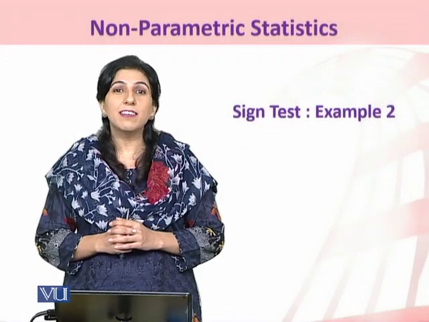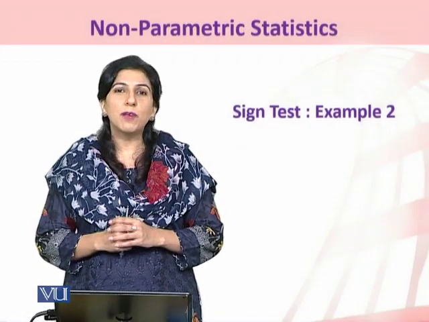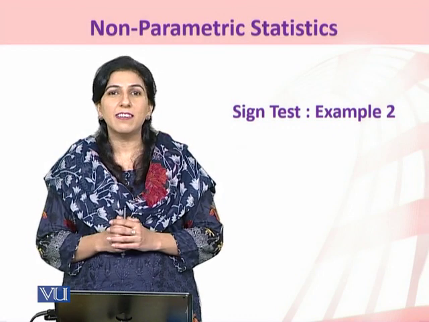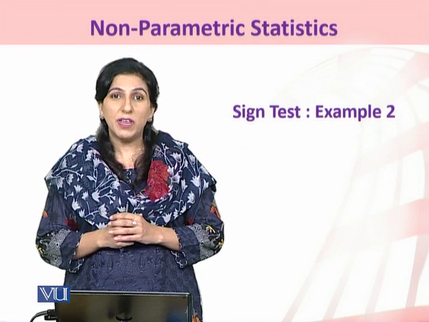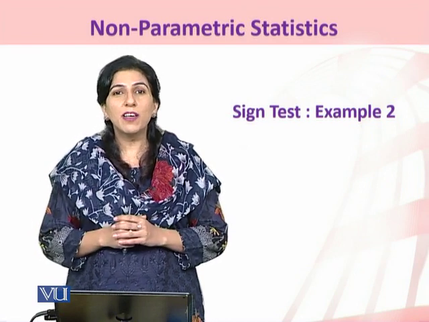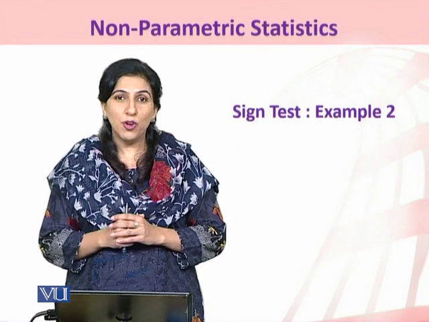Sign test is a non-parametric test. The primary objective of the sign test is to test the unknown value of the population median. So most of the times, students, the population is unknown to us.